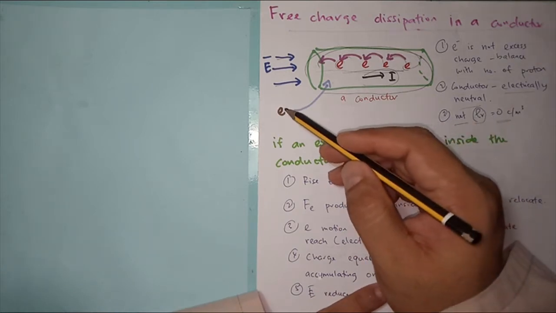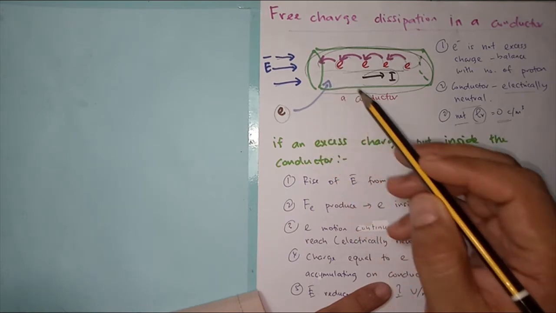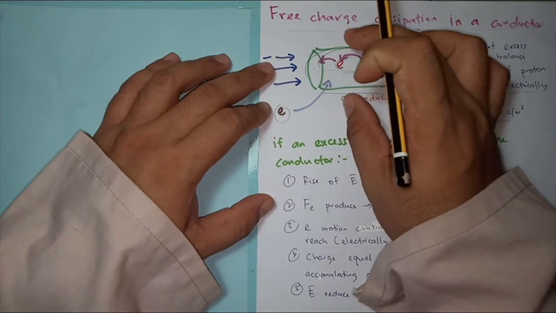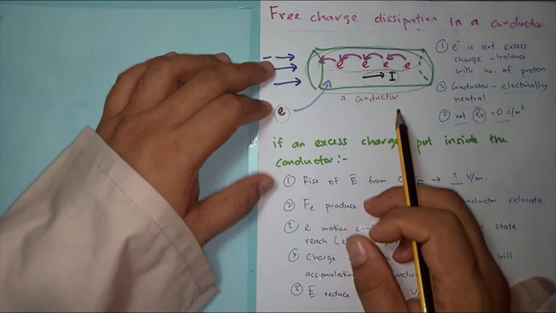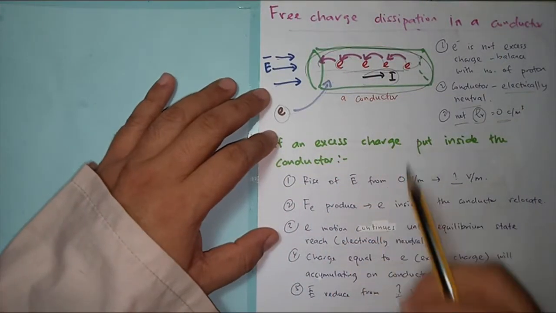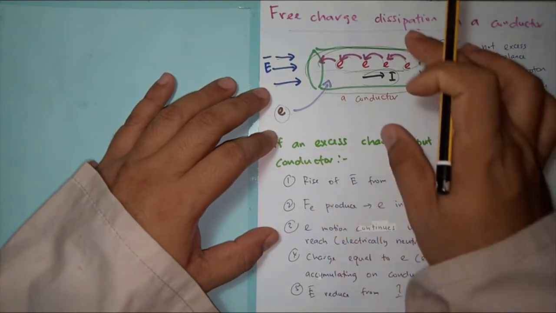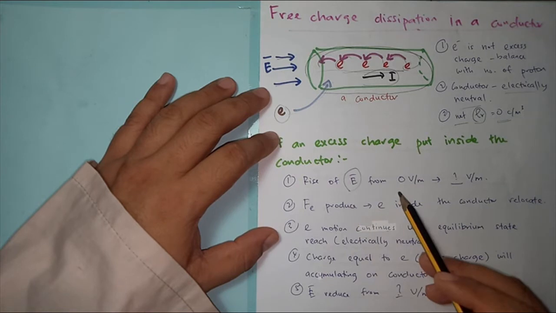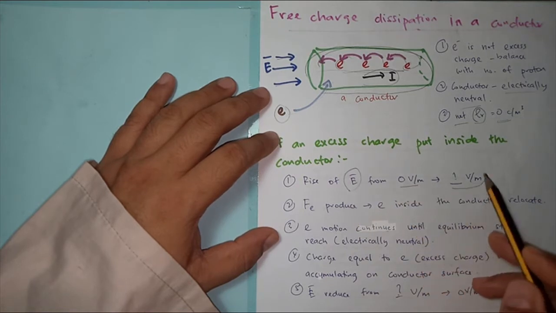So let's say we put another electron inside this conductor. We will have an excessive number of electrons compared to the number of protons inside this particular conductor. What will happen? First, the value of the electric field intensity will increase from 0 to a certain value.